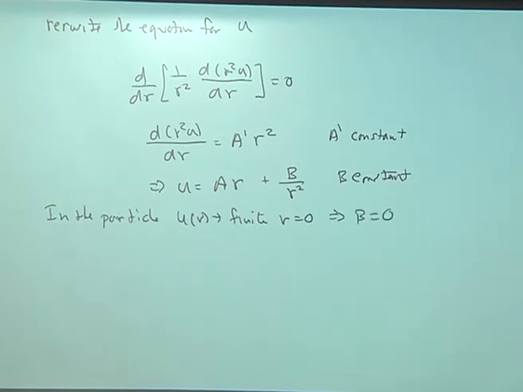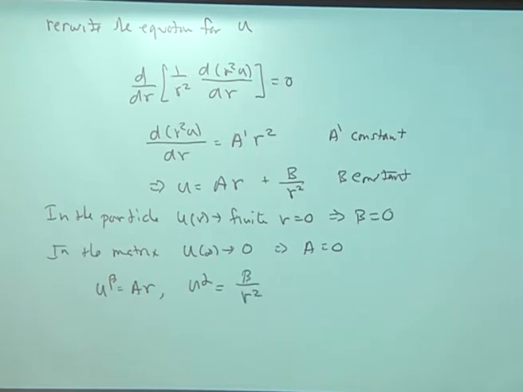And outside, in the matrix, U at infinity has to go to 0, which implies that A has to be equal to 0. And so you know already that U beta is going to be equal to AR, and U alpha is going to be equal to B over R squared. And so in the outside, the displacement is going to decay like 1 over R squared.